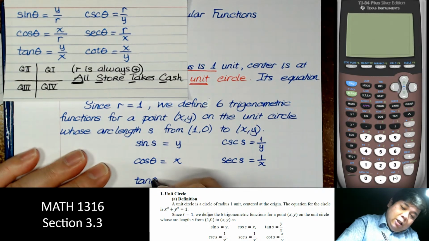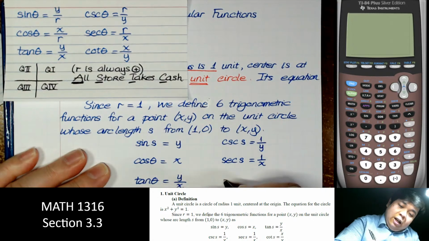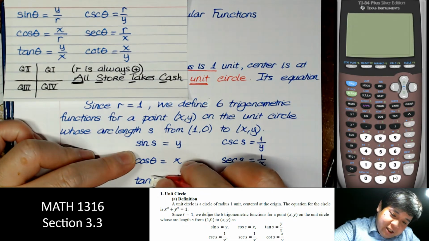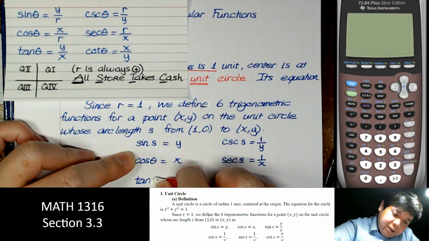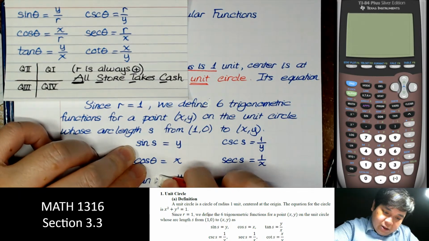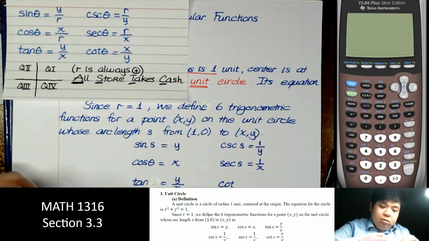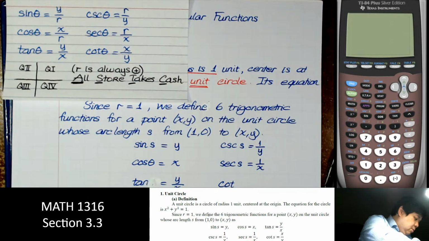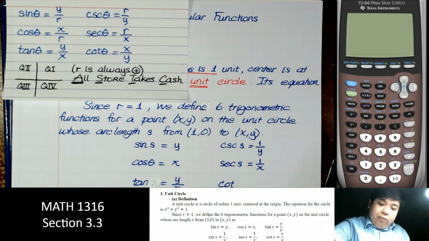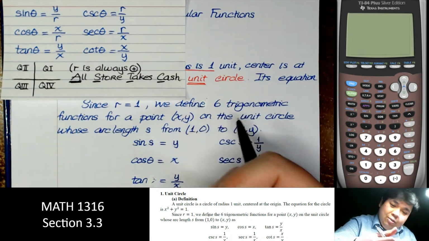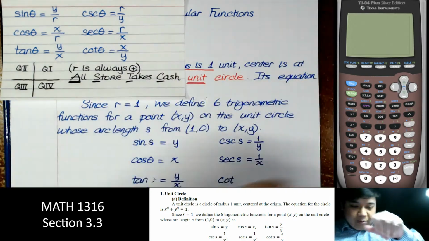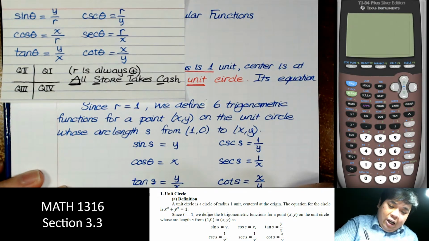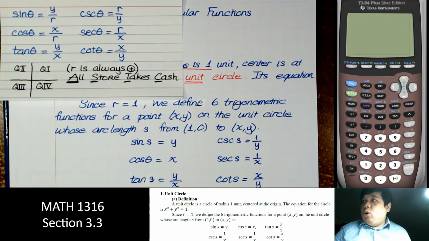Tangent will be the same, y over x, and cotangent should be x over y, and because we divide by these, they cannot be equal to 0.